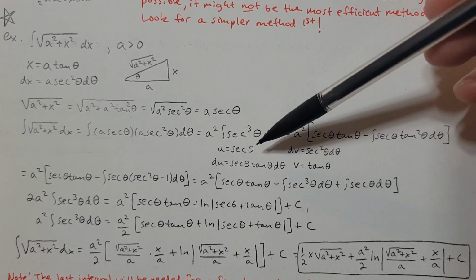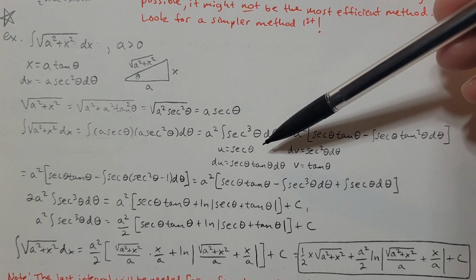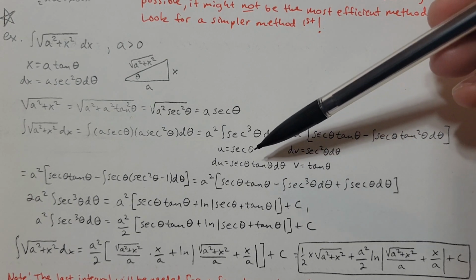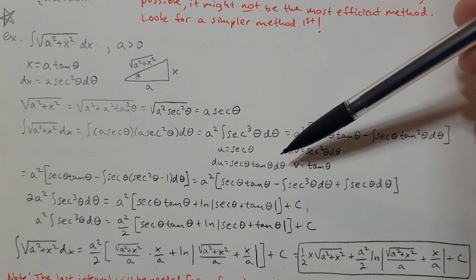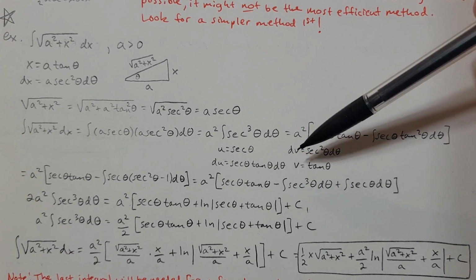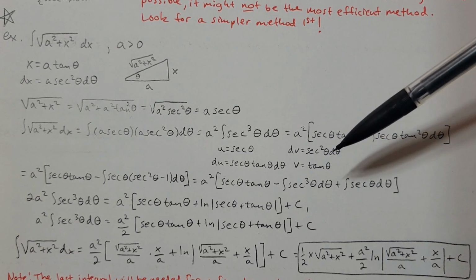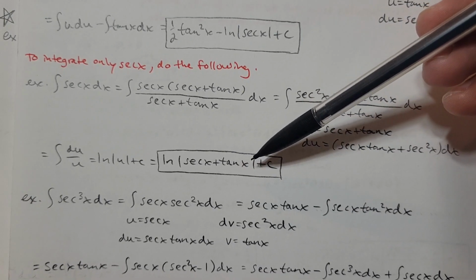I would not have these flipped. Because if u is secant squared theta and dv is secant theta, well, du would be 2 secant theta times tangent theta d theta, and v is the ln of the absolute value of secant theta plus tangent theta.